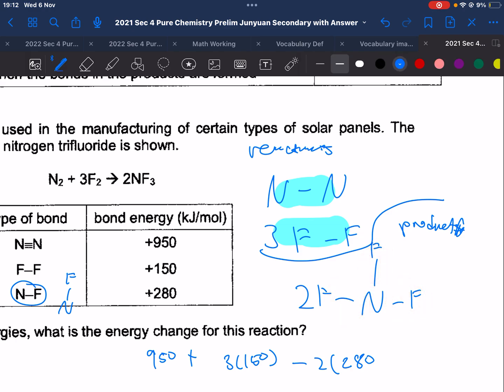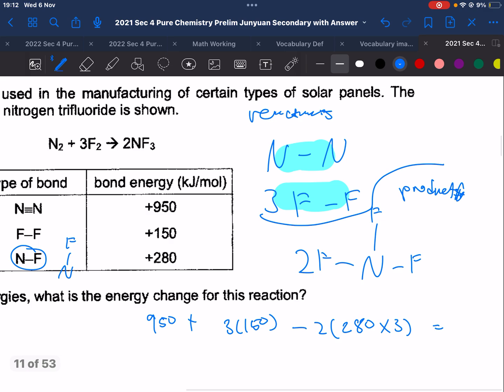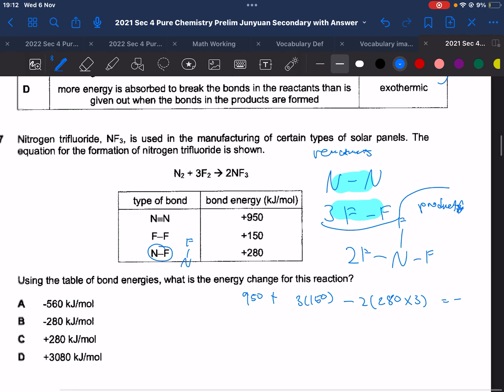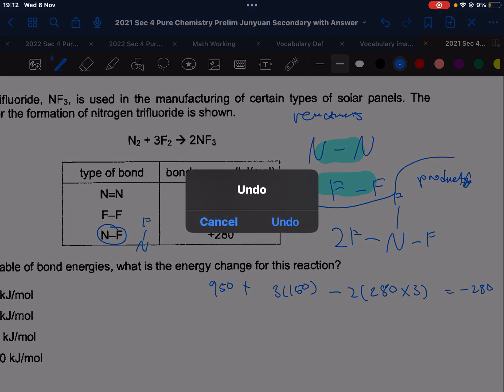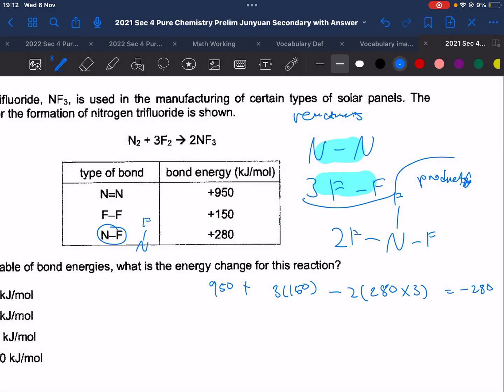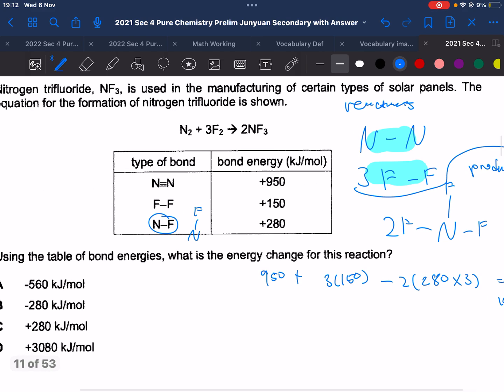And there are also 2 molecules, so a total of 6 bonds. So I'll times this. It will give me negative 280, if I'm not wrong, I just calculated it. 950 plus, minus this. So it will be kilojoules per mole. Answer should be B.